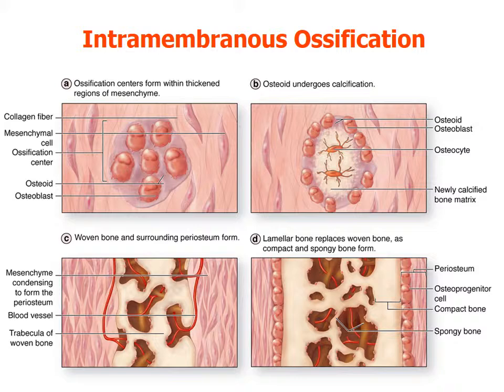Blood vessels grow in between the trabecula. Osteoblasts will then migrate to the periphery and lay down matrix as compact bone. There will remain some membrane on the very outer edges, and that becomes the periosteum. Essentially, intramembranous ossification can be simplified by saying spongy on the inside first, compact on the outside last.